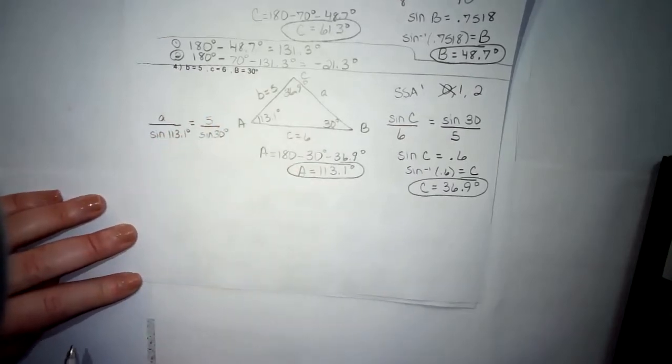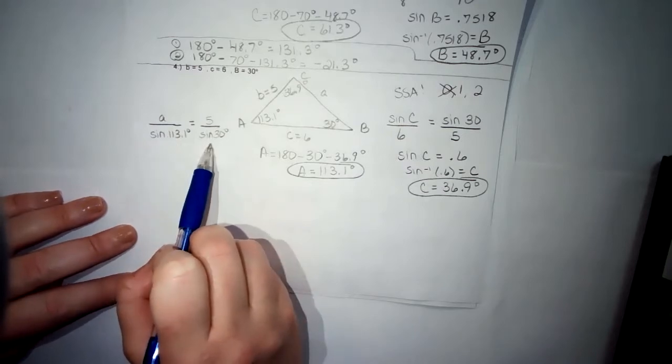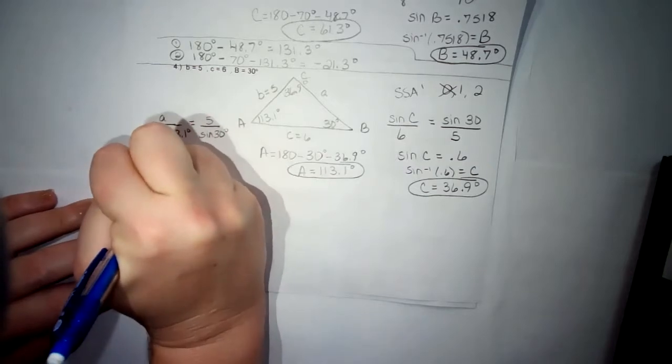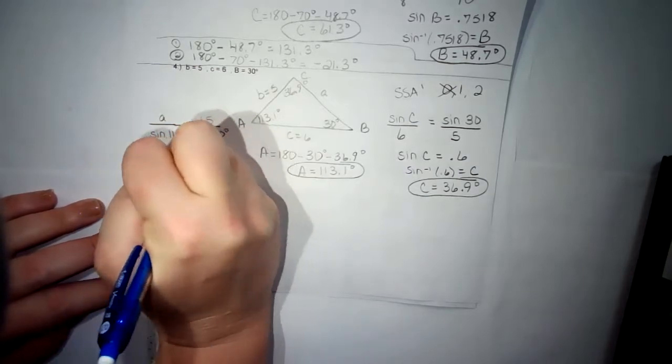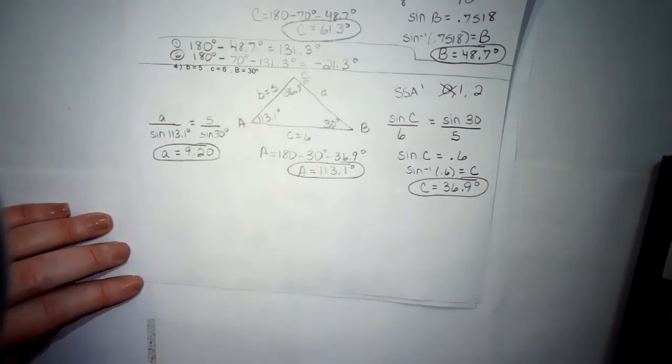Okay, all right. So I'm going to do 5 times the sine of 113.1 divided by the sine of 30. I came up with side A equals 9.20. Okay, there's one triangle. We found it all.